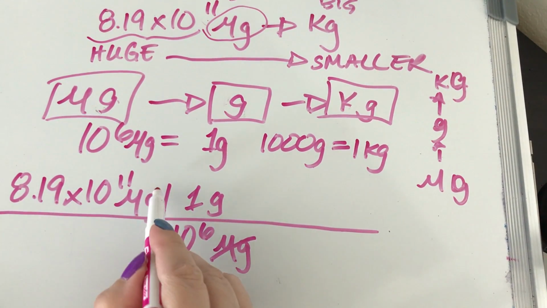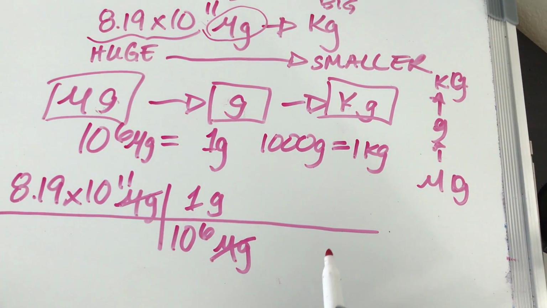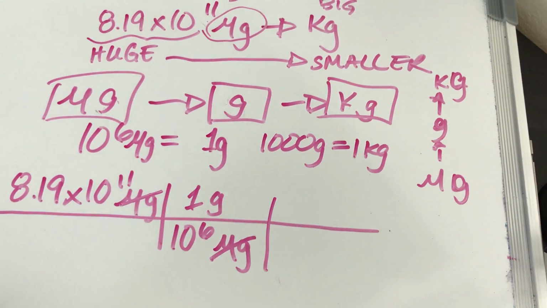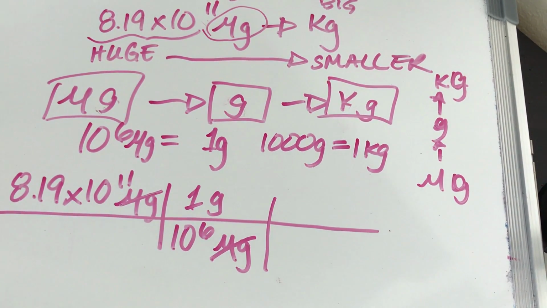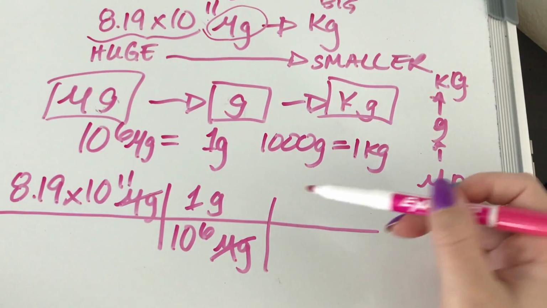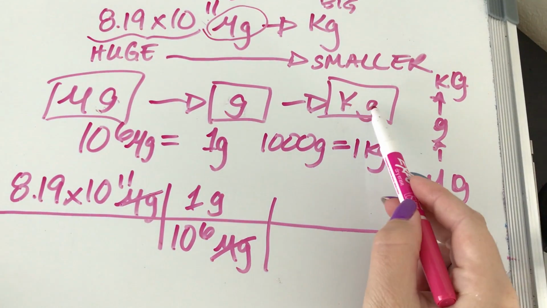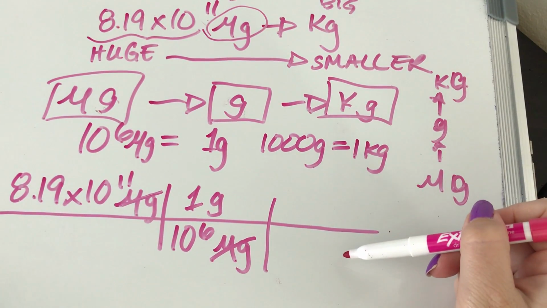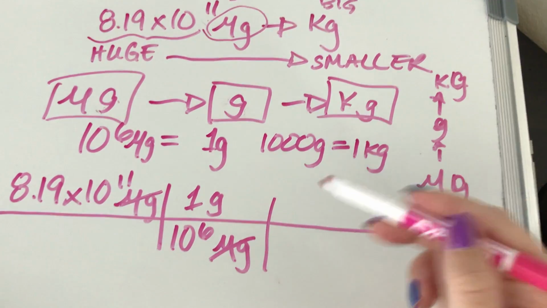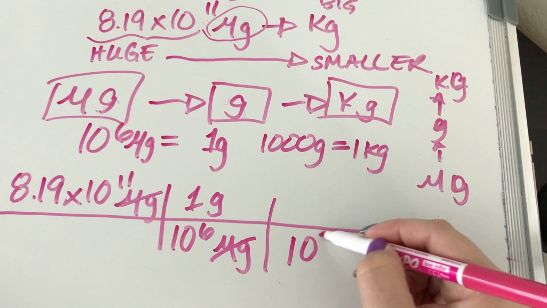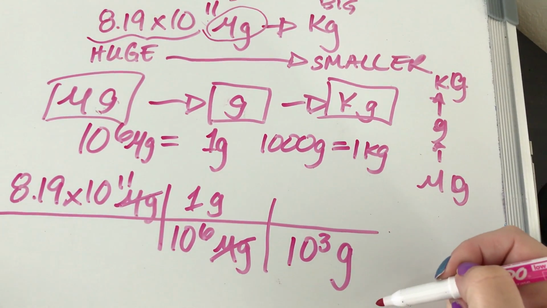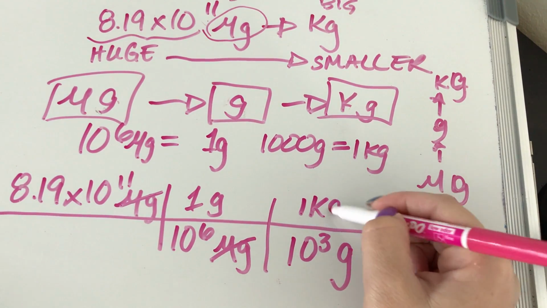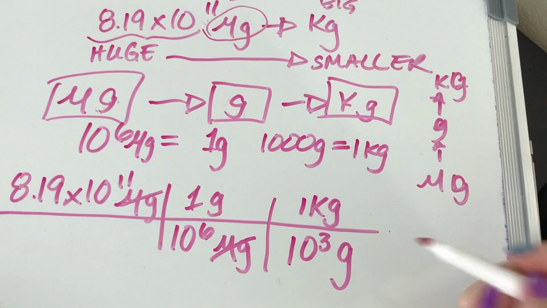So micrograms will cancel with micrograms. And then we want to go from grams to kilograms, so what unit should go on bottom? Grams. So we have 1,000 grams for every 1 kilogram.